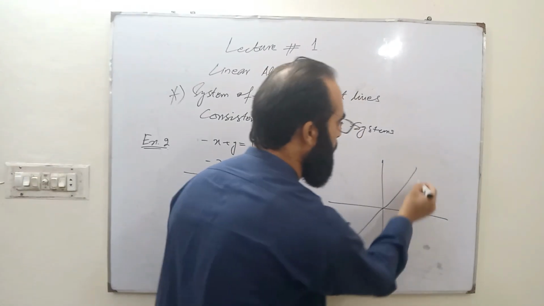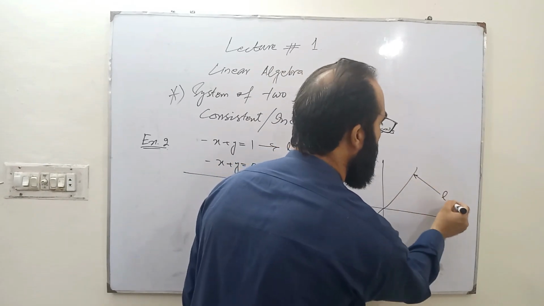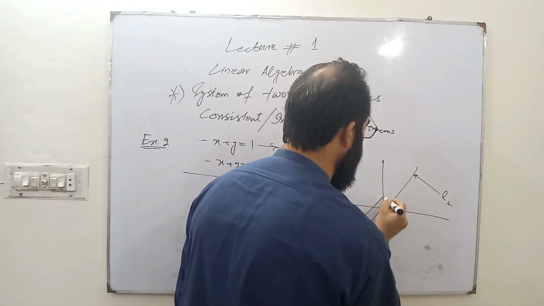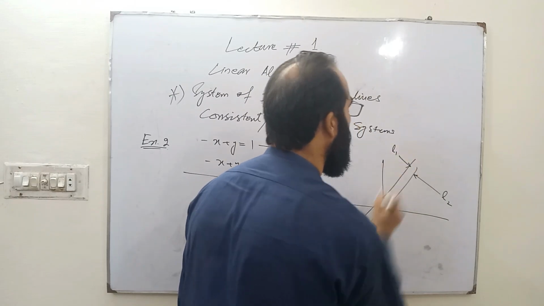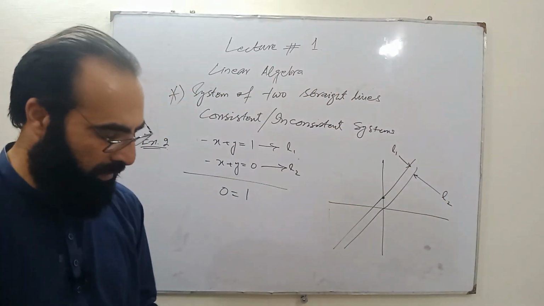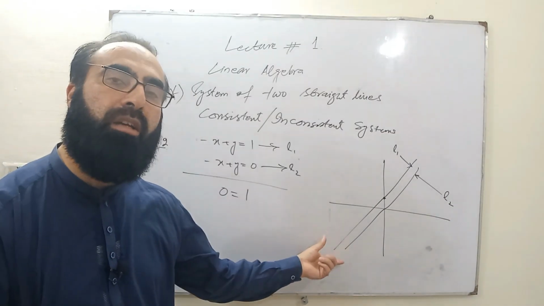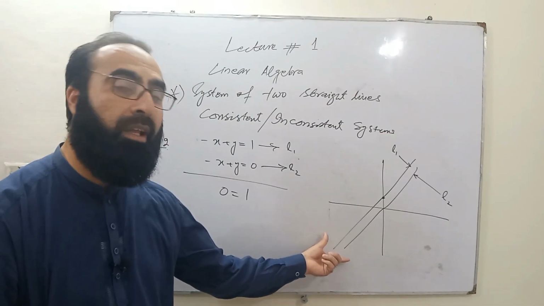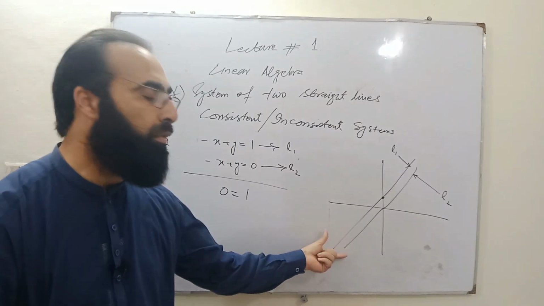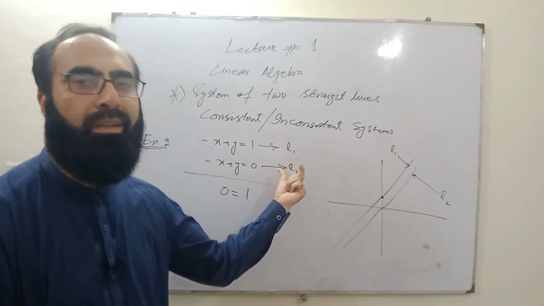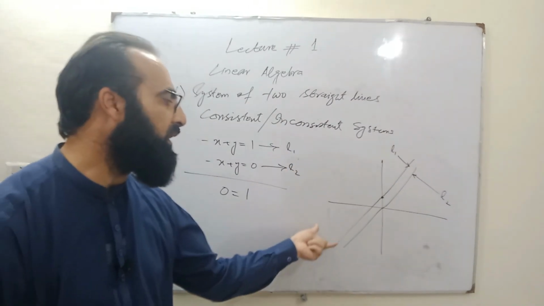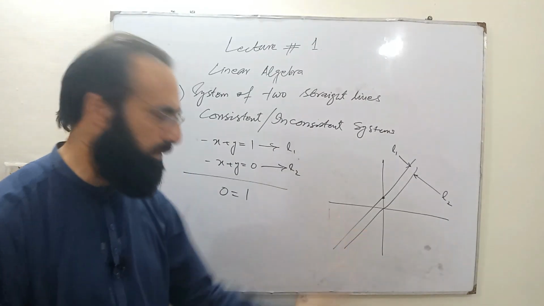This straight line is representing L2 and this straight line is representing L1. Look at these two straight lines. Basically these two straight lines are parallel and they are not intersecting. So this shows that these two equations have no solution, meaning the system is inconsistent.